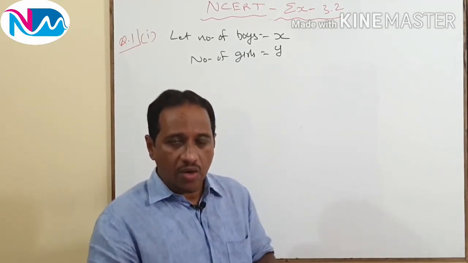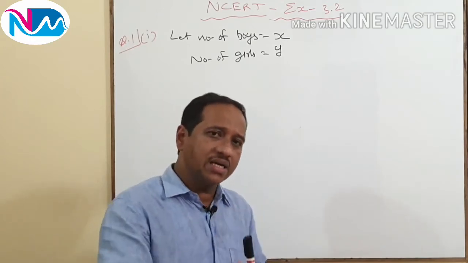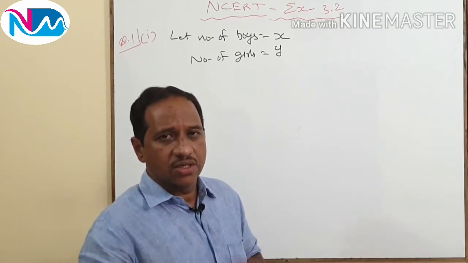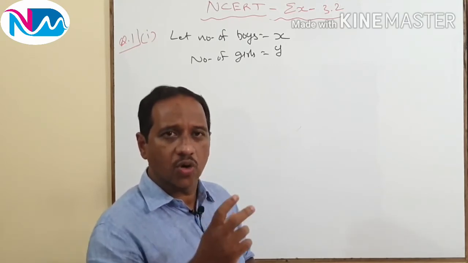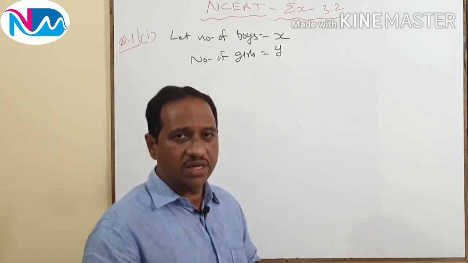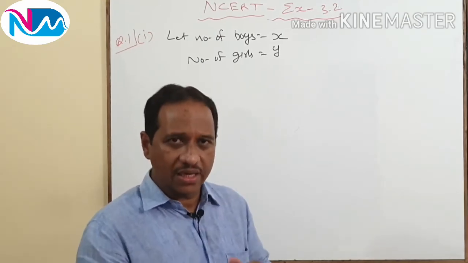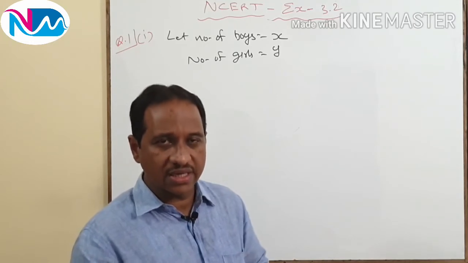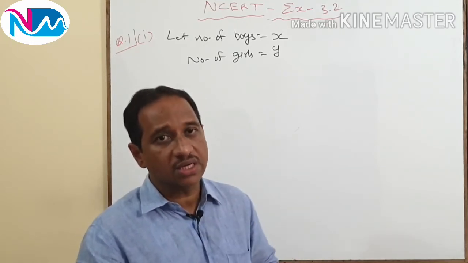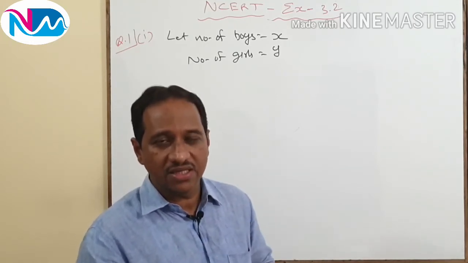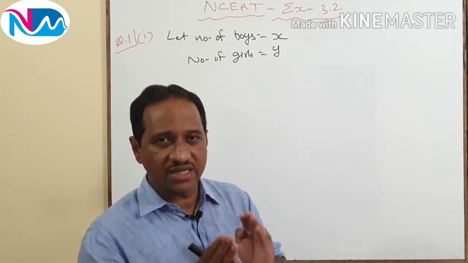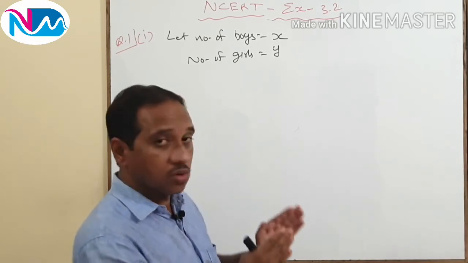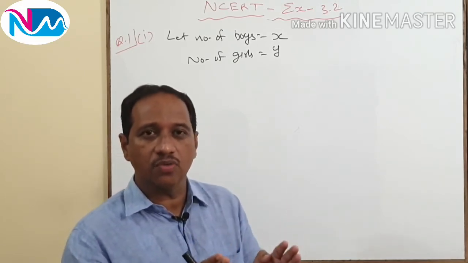So the two unknown values are number of boys and number of girls, which we represent by using x and y. Now you have to read and understand the question, and you will get two conditions to form two equations in two variables. Here it is clear from the first line of the question that 10 students of the class 10. That means total number of students in the class is 10. Total number of students means number of boys plus number of girls.